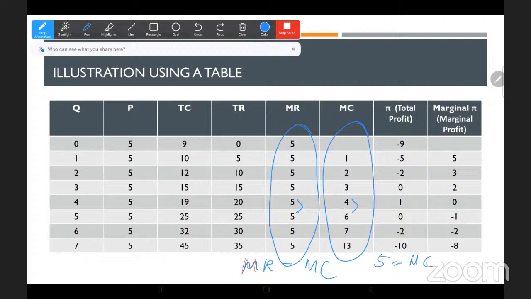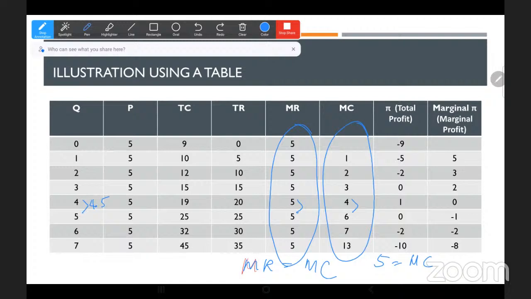Somewhere in between dito. So somewhere between quantity, how much quantity? Maybe 4.5. Around 4.5 is the profit maximizing quantity. All right. So at that point, your total profit would be at its maximum.